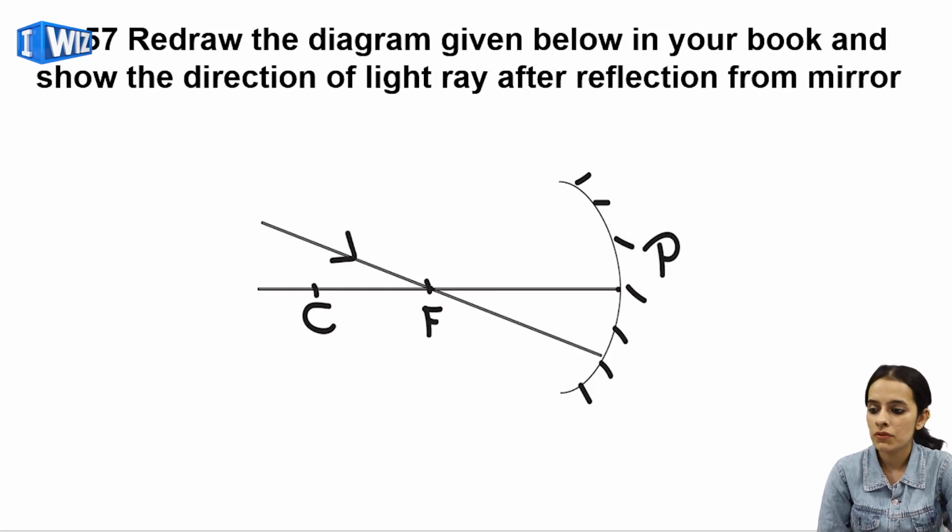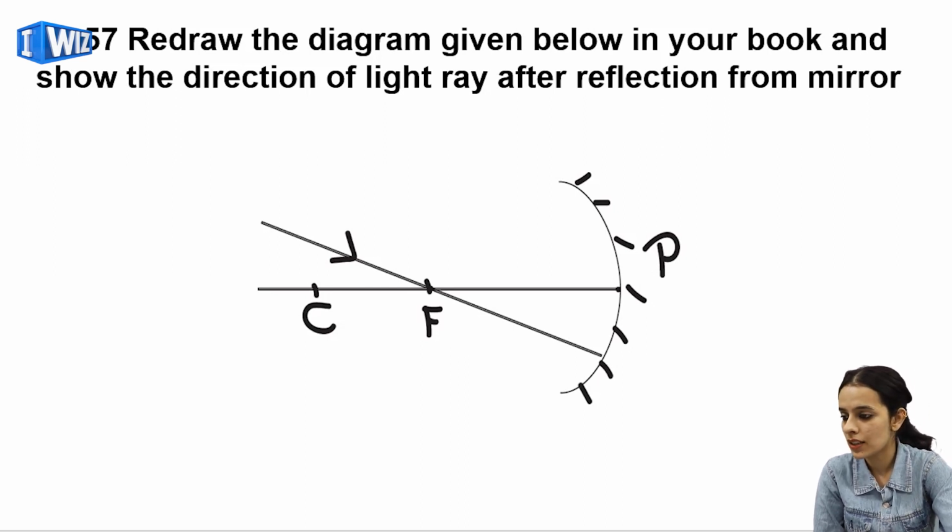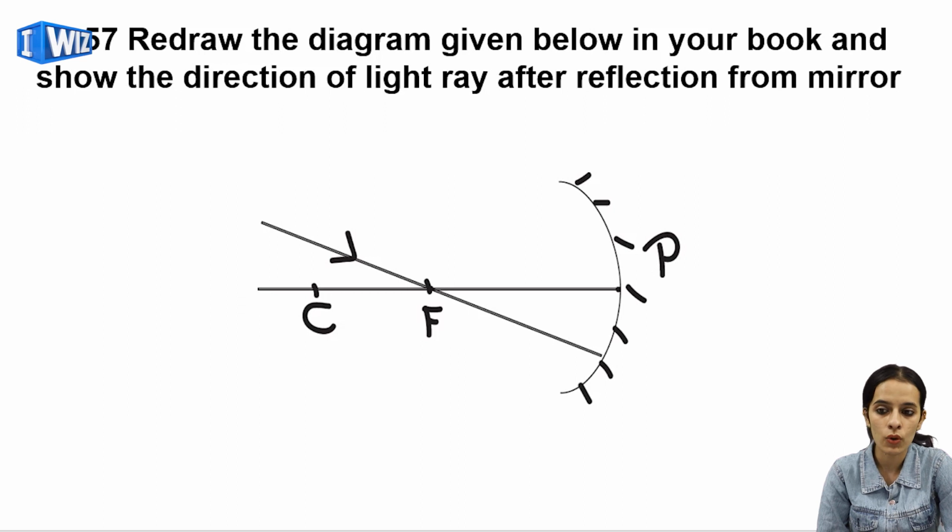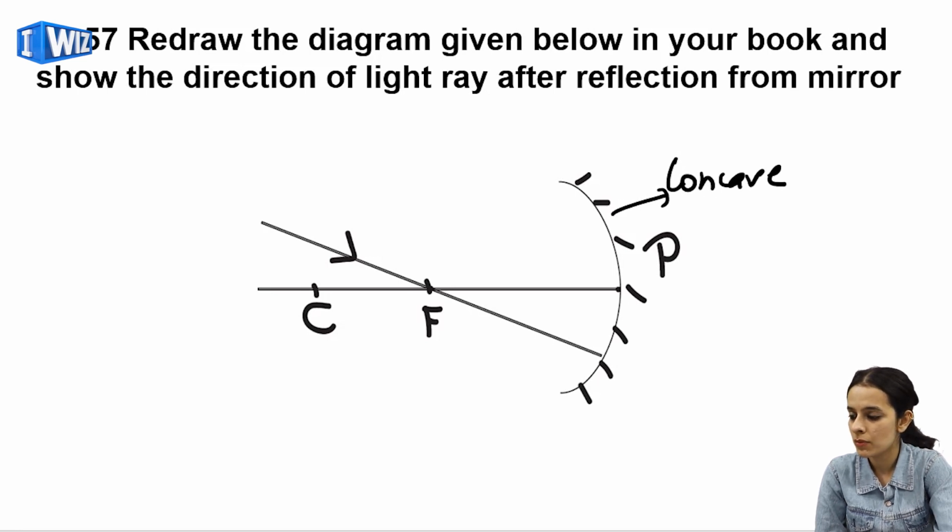Redraw the diagram given below in your notebook and show the direction of the ray after reflection from the mirror. As we can see from here, the ray of light is passing through the focus and it is striking a concave mirror. Which type of mirror is this? Concave. And a concave mirror is a converging mirror.